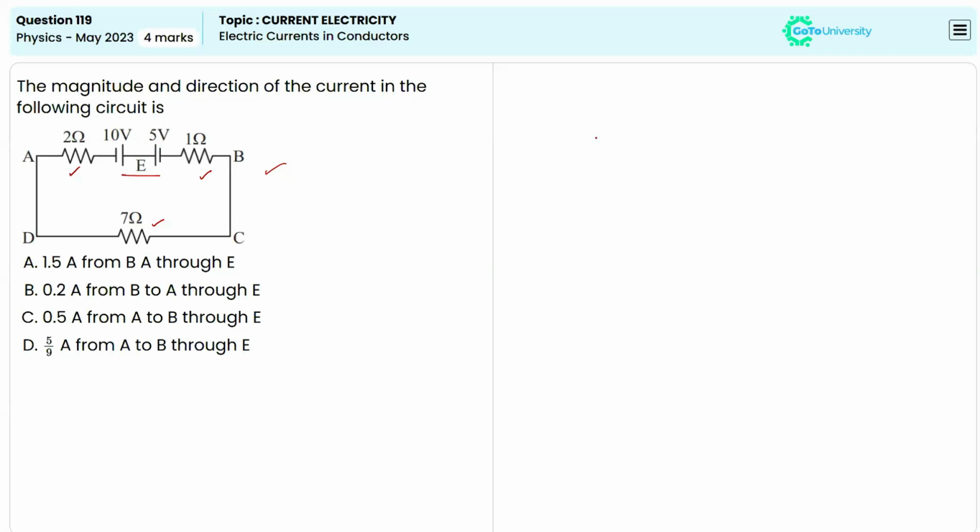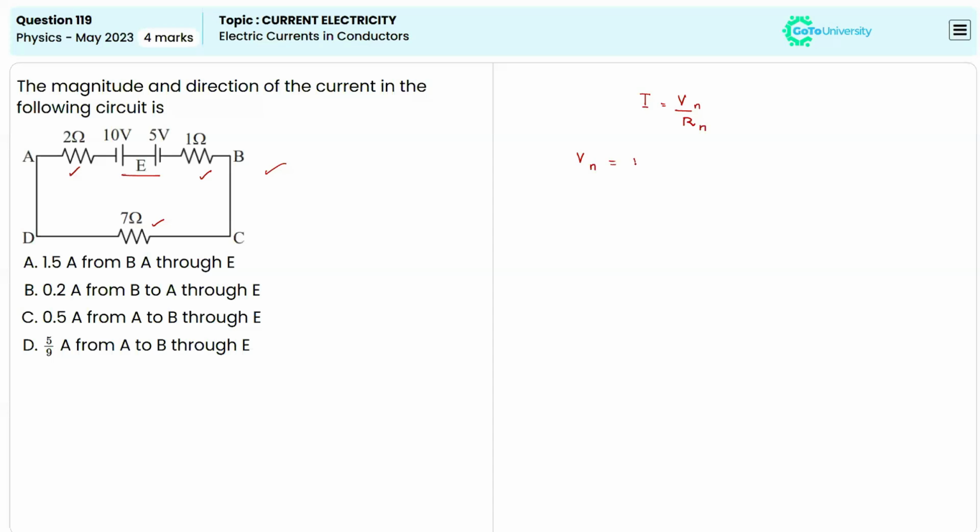Here it's known that the current is equal to V divided by R. But here we have two voltages from two batteries, so we have to take the net voltage divided by the net resistance because we have more than one resistor as well. So here first we are going to calculate the net voltage.